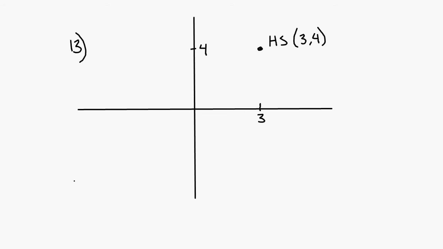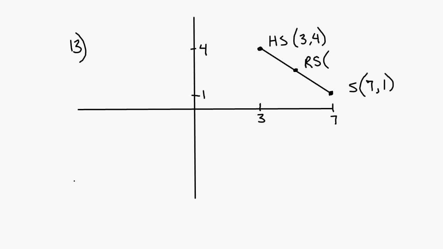Stadium is at 7, 1. There's your stadium, and it's at 7, 1. The map shows a rest stop halfway between the cities. So there is a rest stop right here halfway. That's a rest stop.